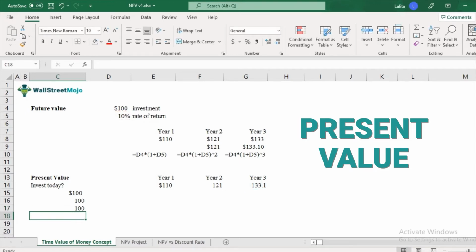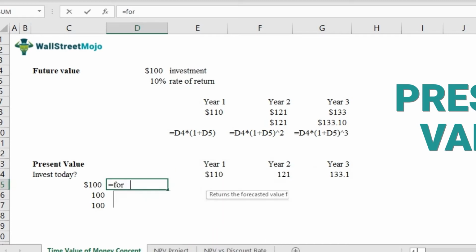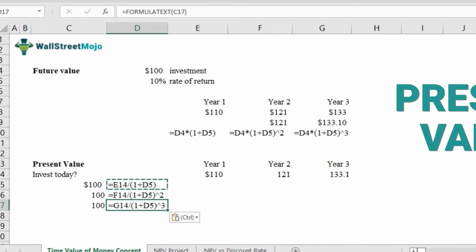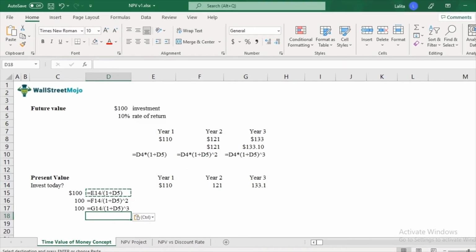Okay, so essentially let us look at the formulas again just for comparison. In future value, we were multiplying it by 1 plus the rate, 1 plus the rate to the power of 2 and 1 plus the rate to the power of 3. And for the present value, it's totally the opposite. We are dividing it by these numbers to the power of 2, to the power of 3, right? So this is how the future value and present value pan out.